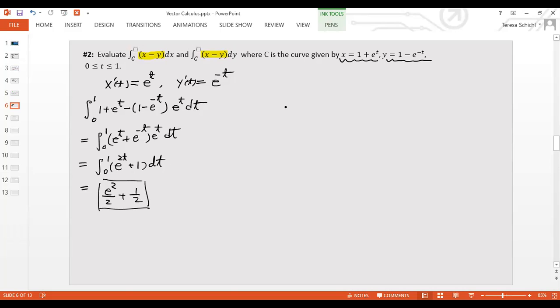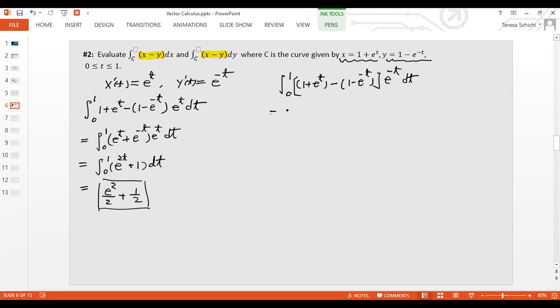That means if you integrate in the x direction. Now let's take a look at integrating in the y direction. So this is from 0 to 1. Still the same inside: 1 plus e^t minus 1 minus e^(-t), so this is x minus y, then times y prime of t, which is negative e^(-t) dt here.